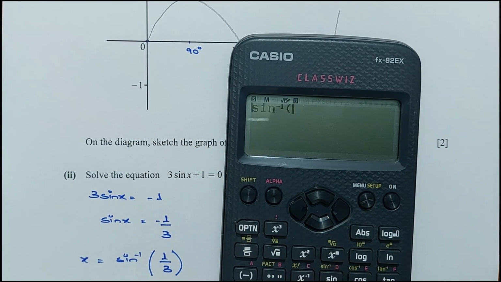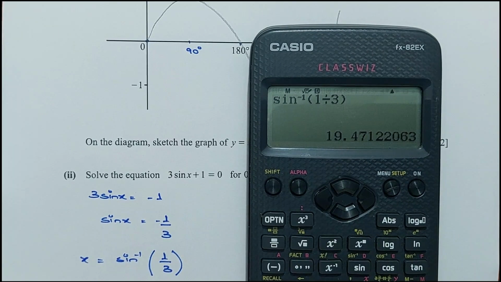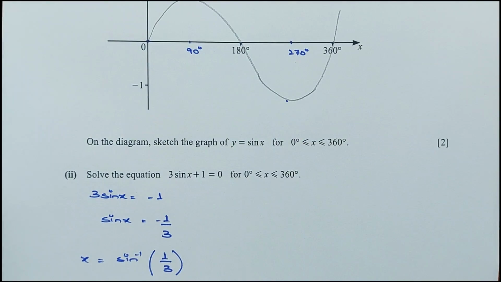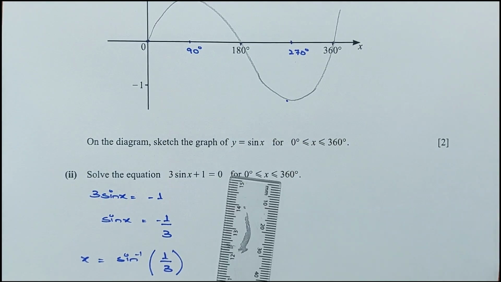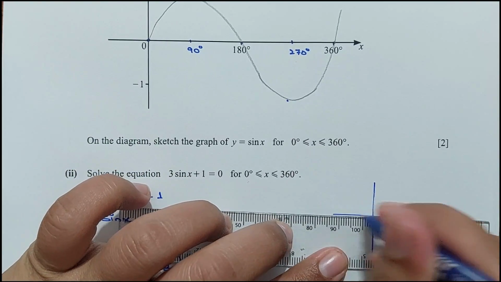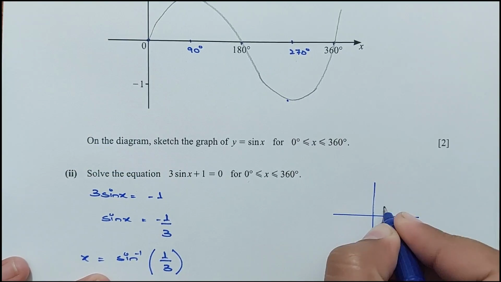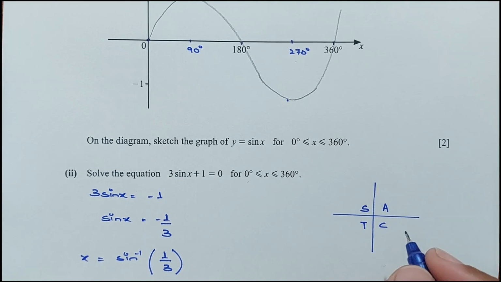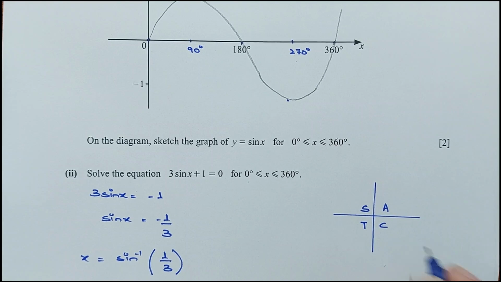Sine inverse of 1 by 3 is 19.5 degrees. Now sine x is negative, so we have to check in which quadrant sine is negative, using the CAST rule. Sine is negative in the third and fourth quadrants.